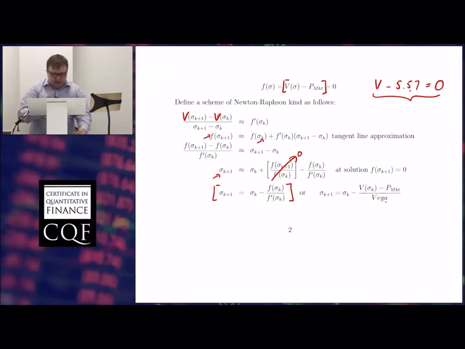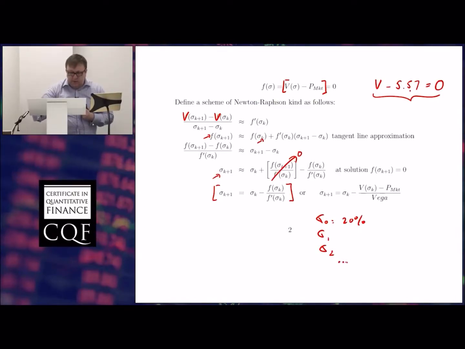So you need some initial estimate. The first sigma, sigma 0, you take some reasonable value, let's say 20% or 10%, and then you compute sigma 1, and then based on sigma 1 you compute sigma 2, until you arrive at the correct answer using this updating scheme. You put sigma 20% in here, then you compute option price minus 557 using 20, compute vega using 20, and then compute the next sigma.